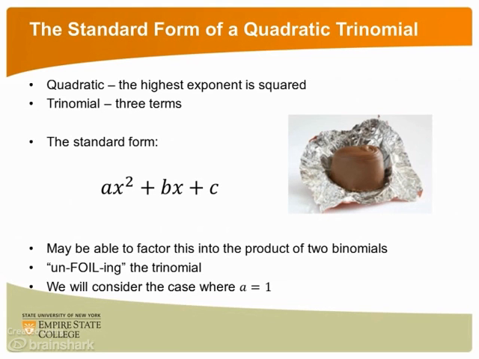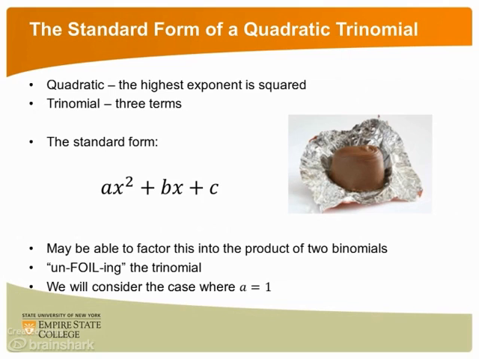Before we consider factoring, we need to determine exactly to which type of polynomial this factoring method applies. We will use this method to factor a quadratic trinomial. Quadratic means that the highest power is squared, and trinomial means there are three terms in the polynomial.